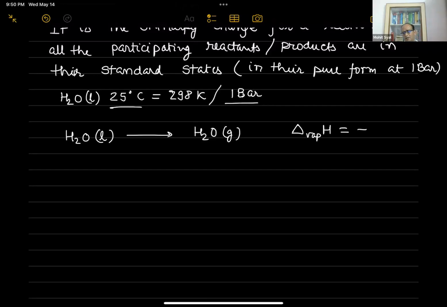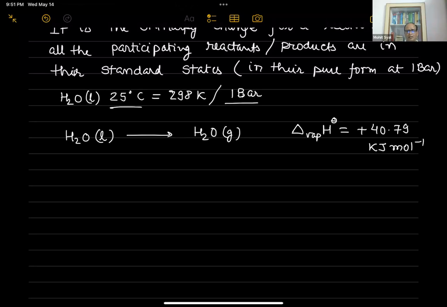That is, let's say, plus 40.79 kilojoules per mole. Are you getting the point or not? So this is known as standard enthalpy of vaporization of water.